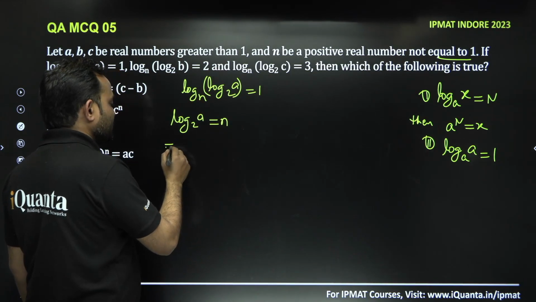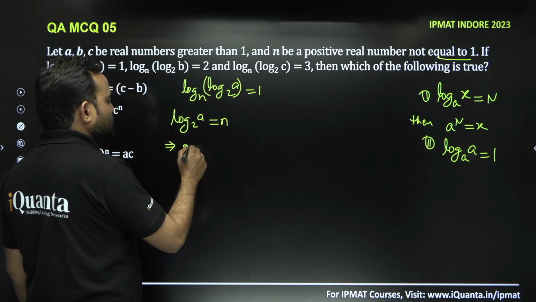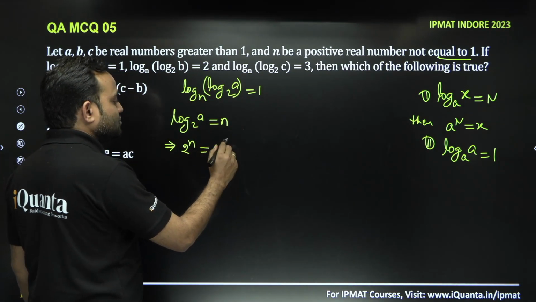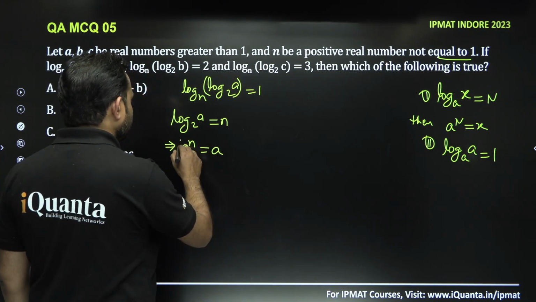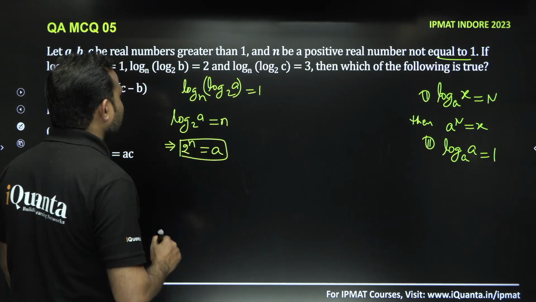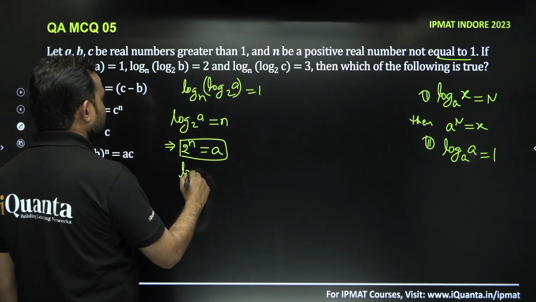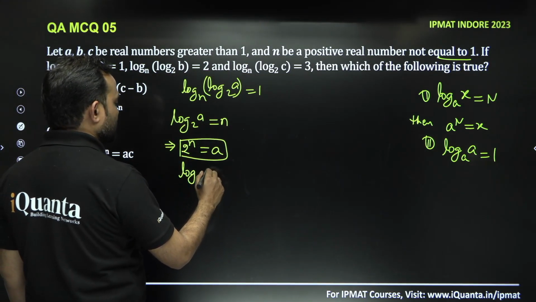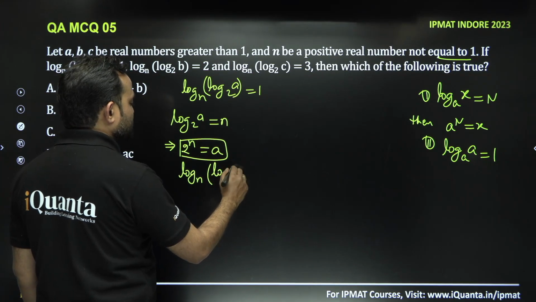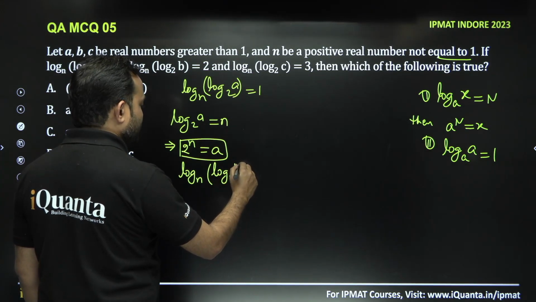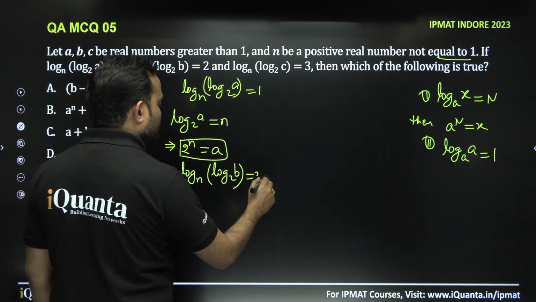So from there, can we say that 2 to the power n is equal to a? This is one result that we get. Then again, if we use the b log, log b base 2 to the base n is equal to 2.